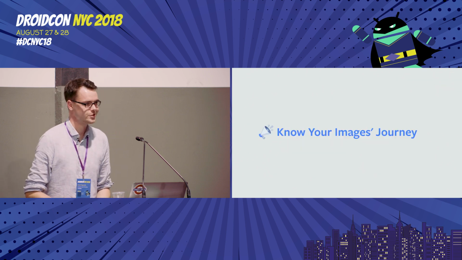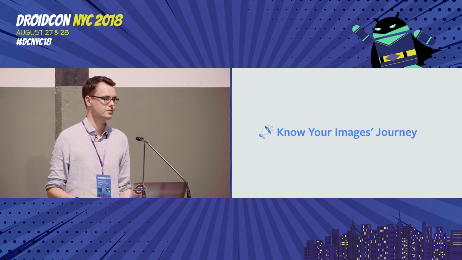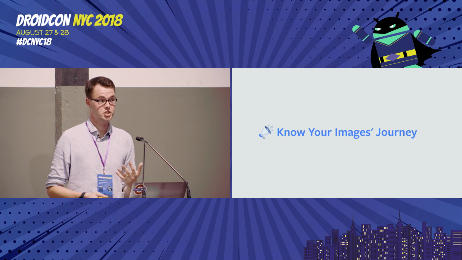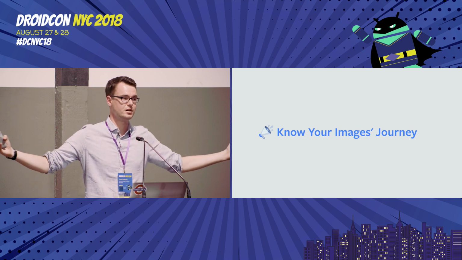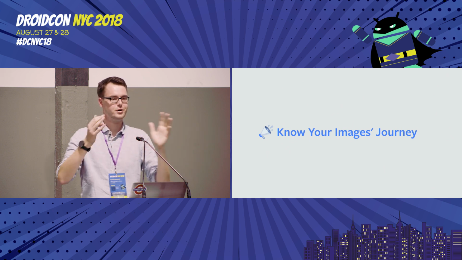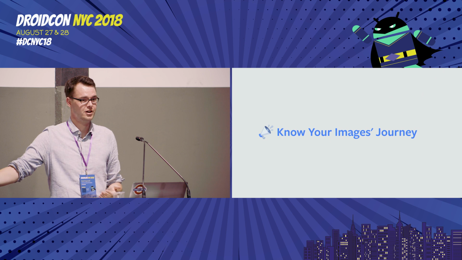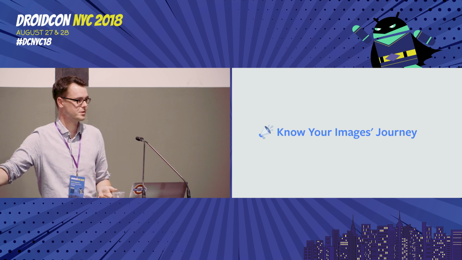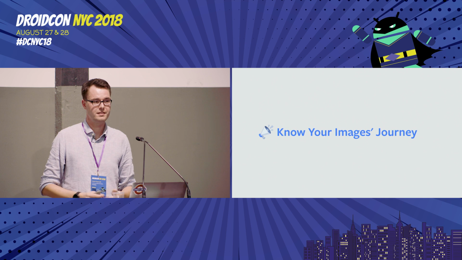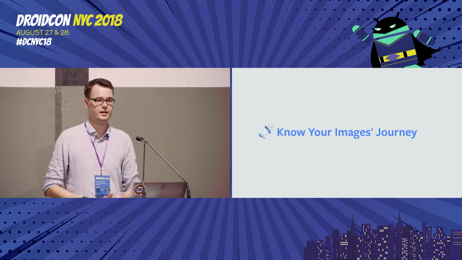But a word of caution with all those new image formats. It's very tempting to go ahead and make use of them, but it's important to know the entire journey your image takes. And just because you have the chance to use a new image format at some parts of the pipeline, if in the end you're still going to re-encode as a JPEG because your clients can't read those new image formats, then the only thing you really get is one additional re-encoding step along the way.